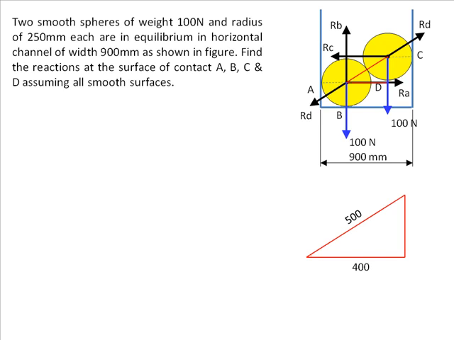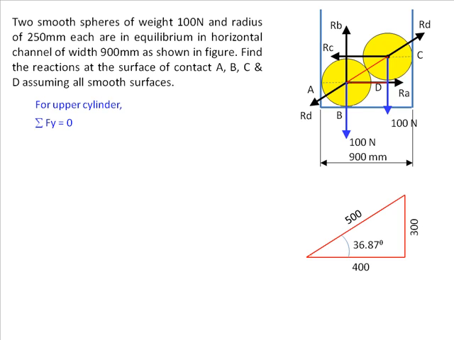Subtract the radius of the left cylinder 250 and the right cylinder 250. The base of the triangle comes to 900 minus 250 minus 250, that is 900 minus 500, that is 400. We have enough information for the triangle to know the vertical side and therefore the angle. And therefore we know that Rd is inclined at 36.87.